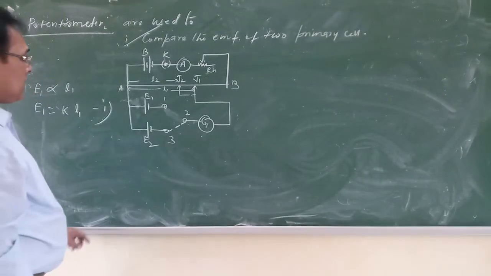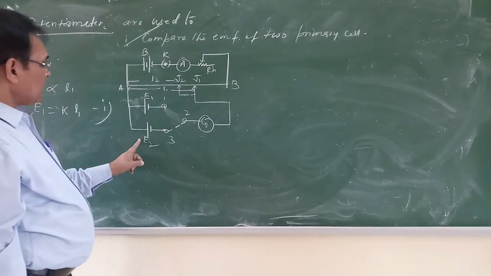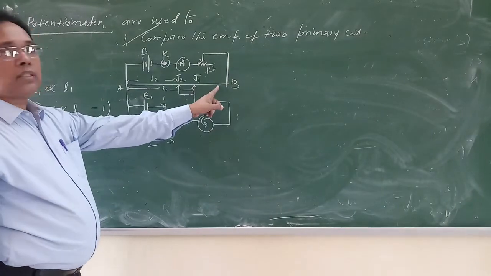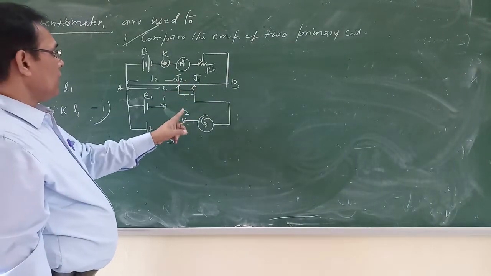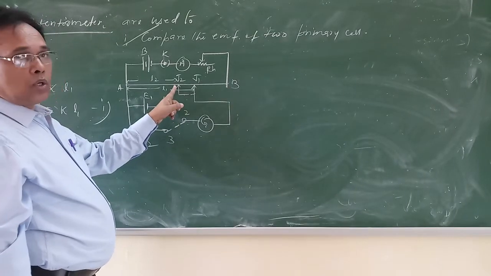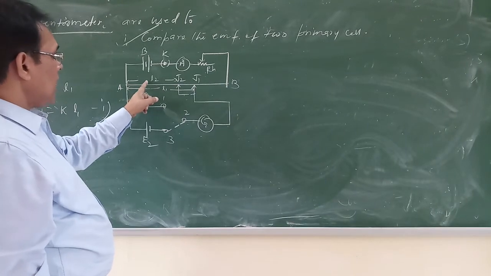Then the first cell will be out of the circuit and the second cell comes into the circuit. Now slide the jockey over this wire and see the deflection in the galvanometer. Let at this point J2, the galvanometer shows zero deflection corresponding to the length L2.